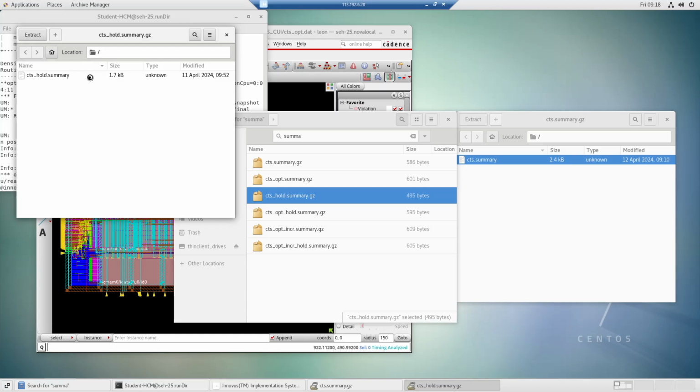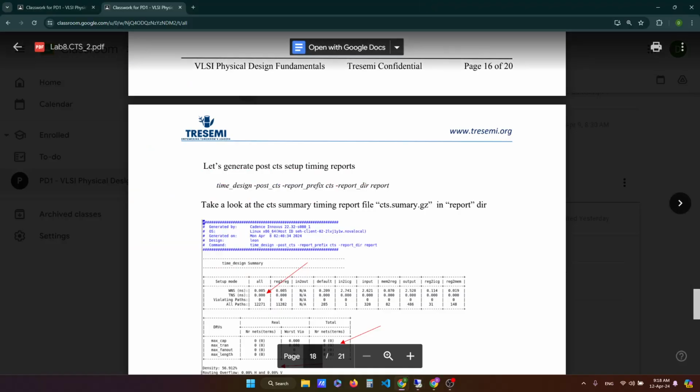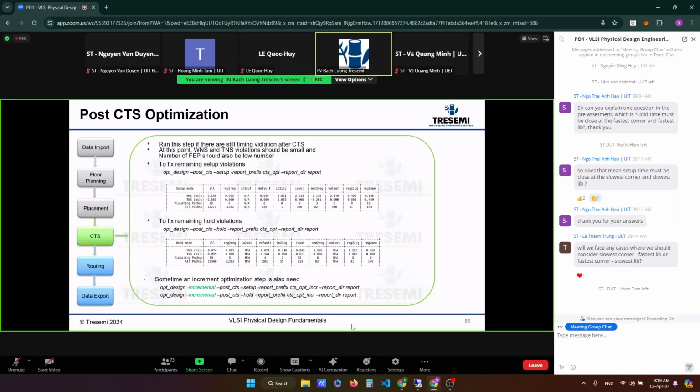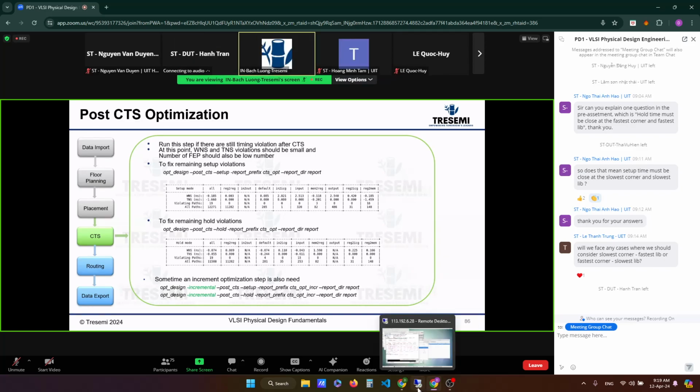So at this point, after you run CTS, you do one step of optimization post CTS. Remember what WNS and TNS are? WNS is your worst negative slack, and TNS is total negative slack, basically the sum of the negative slacks across all violating paths.